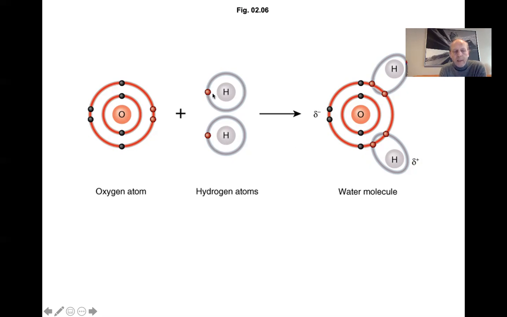So technically this is going to happen. This is why we call it covalent bonding. Basically it is sharing a pair of electrons, which you can see on the right side of the screen.